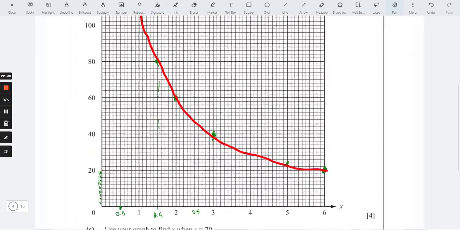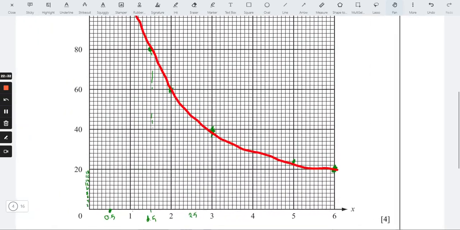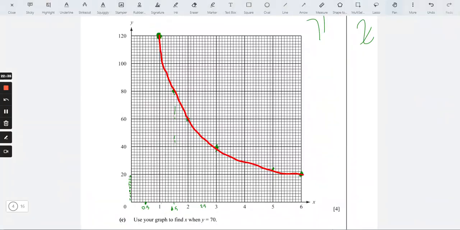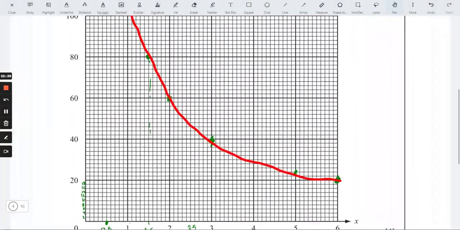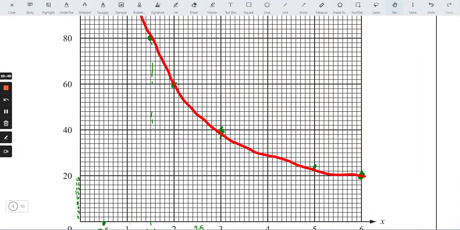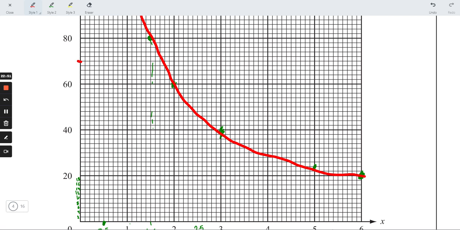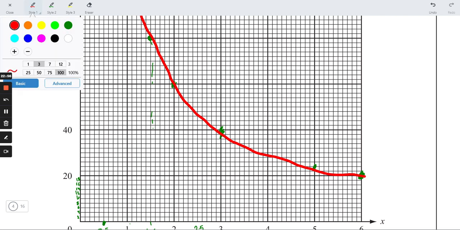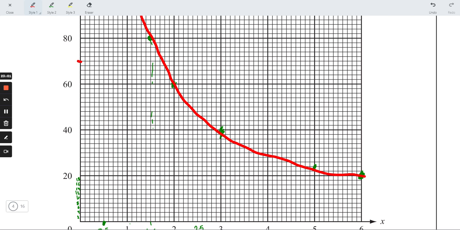They are asking y equals 70, so we'll look for 70 on the y-axis. 70 is halfway between 60 and 80, so almost in here. Then go straight across to our curve.